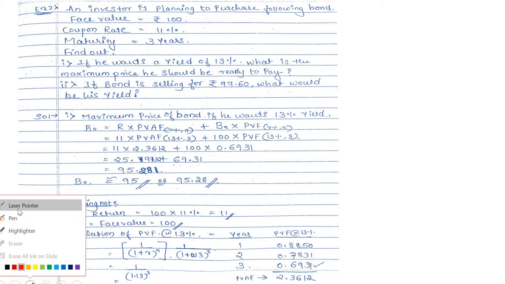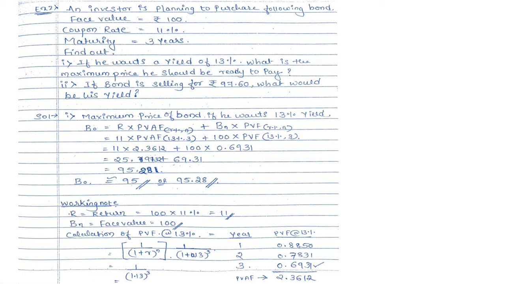What is the maximum price of the bond if the rate of return, that is yield, is 13%? Okay, so what they have given, 13%, right? So the formula is B naught is equal to R into PVAF (R percent, N) plus Bn into PVF (R percent, N).